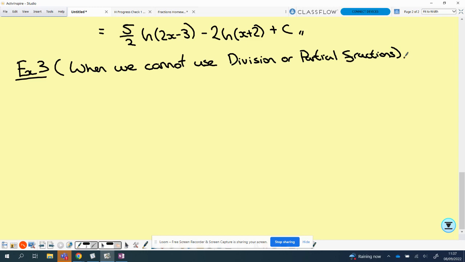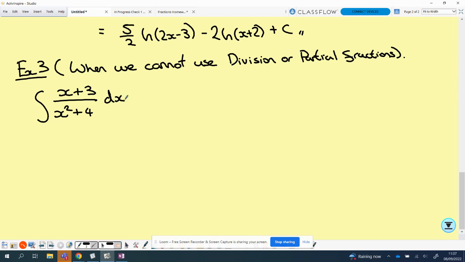Let's look at integrating x plus 3 over x squared plus 4 with respect to x.